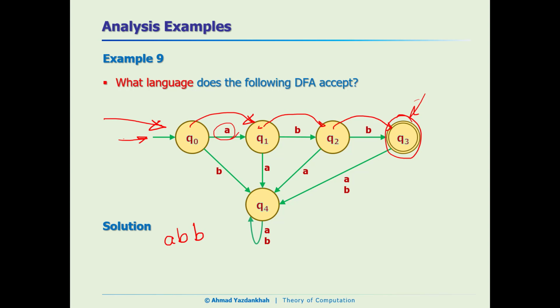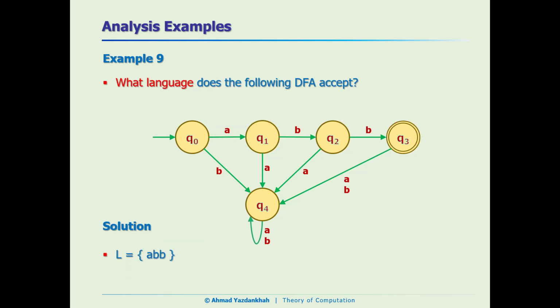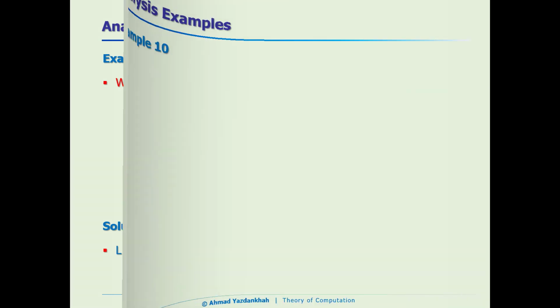After some thinking, probably you will say, no, that's the only string that will be accepted. So in this case, we would say the language that this machine accepts is this simple language, A, B, B. So this was very easy. Let's make it a little bit more complicated.